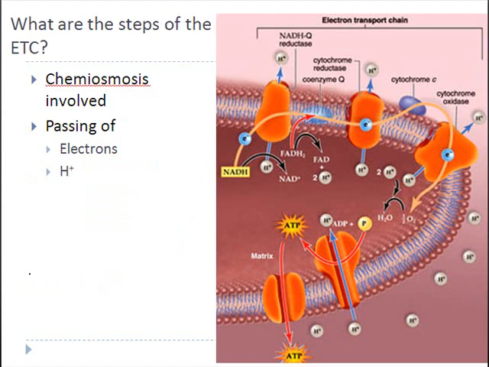Here's an artist's representation of the electron transport chain. It involves a series of different enzymes, including something called NADHQ reductase. Here's one enzyme. Let's do the highlighter instead here. NADHQ reductase. Coenzyme Q, which is this little molecule here.